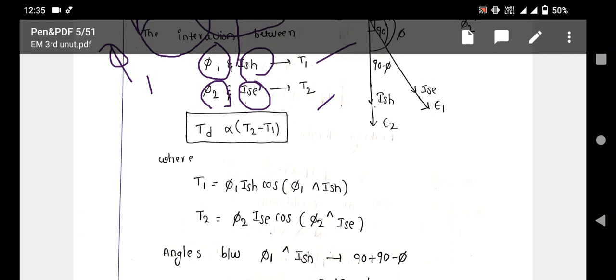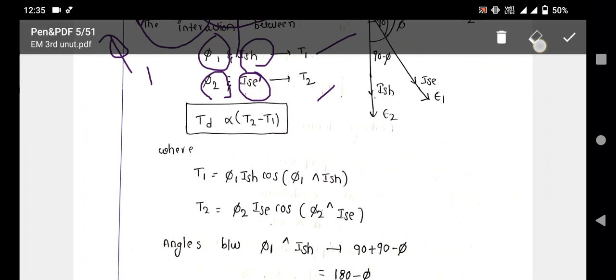The torque T1 is produced between phi 1 and ISH, that is T1 equals phi 1 into ISH cos of the angle between phi 1 and ISH.